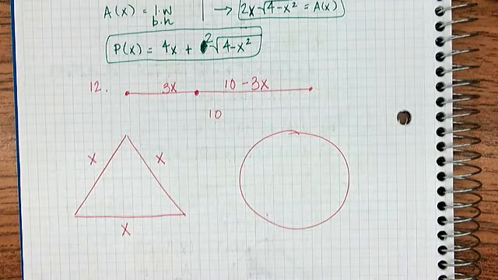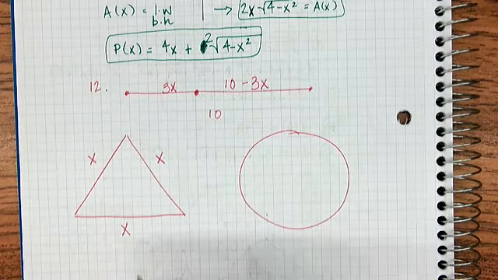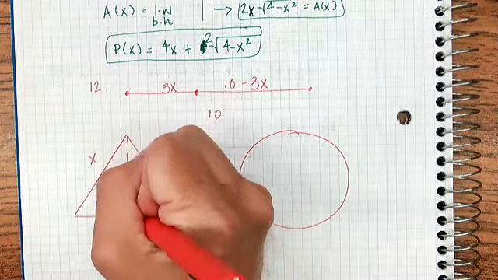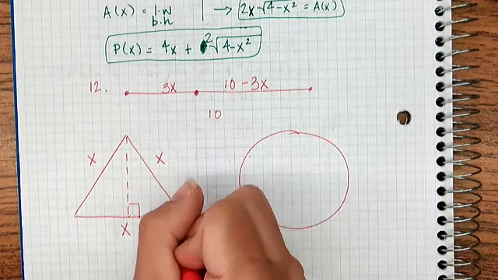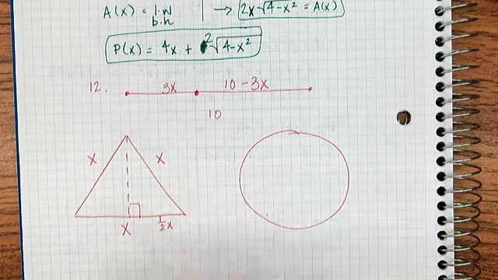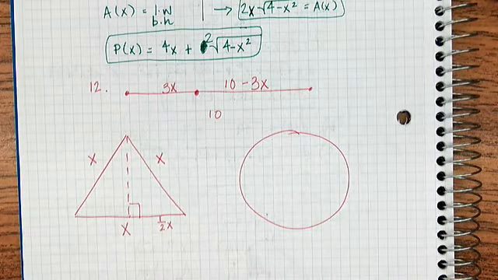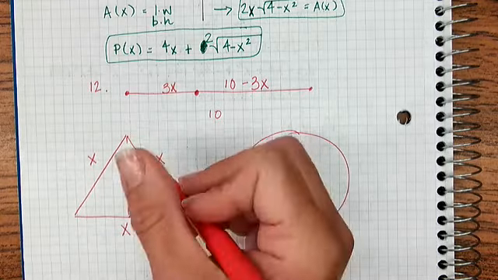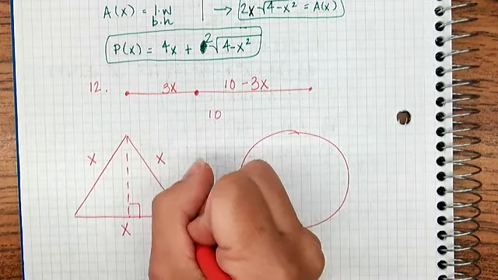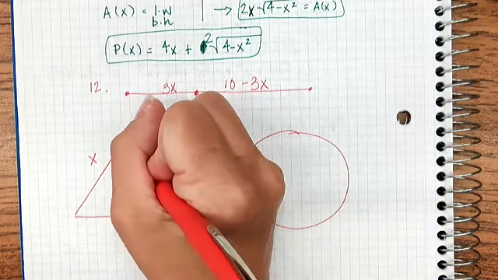Okay, gotta find the area of this triangle. 30, 60, 90. This is now 1/2 x. Equilateral triangle, I dropped the perpendicular. So this is now 60, and this is 30.